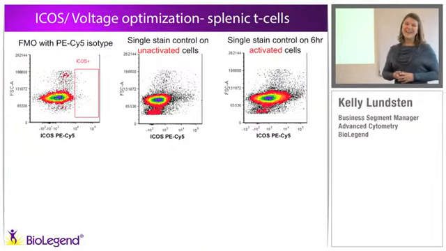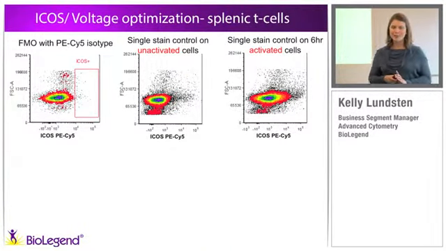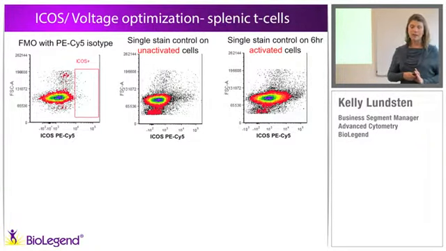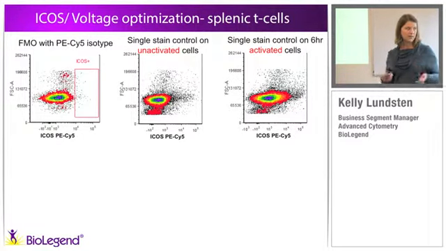Okay, so with the ICOS, it was a very good lesson in voltage optimization for me especially. I had kept optimizing my assay using just a 6-hour stimulation, things like titrating my antibodies or, again, assessing the voltages that I would apply to the assay.